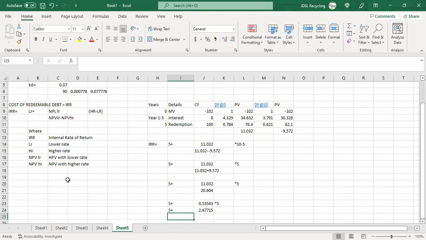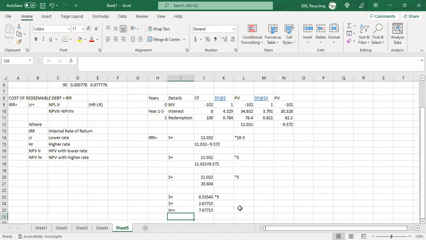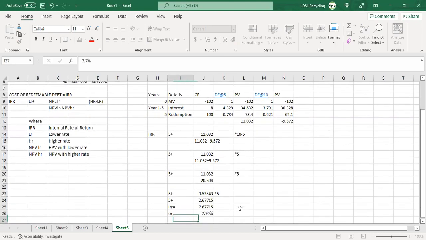This gives us 2.67715. So IRR will now be equal to 7.67715, or we say 7.7%. Please, is this clear?